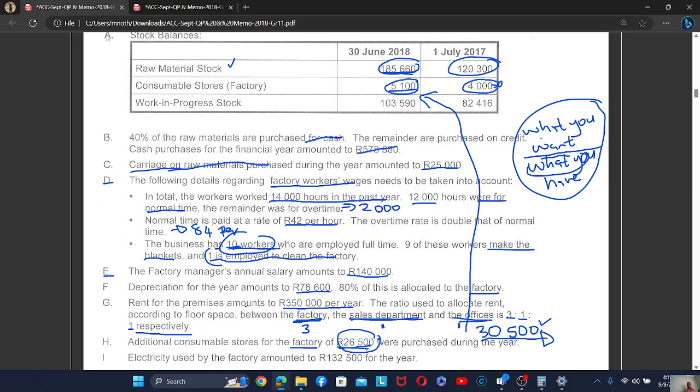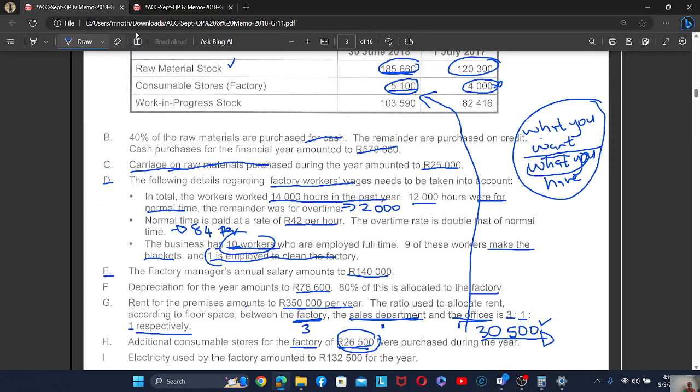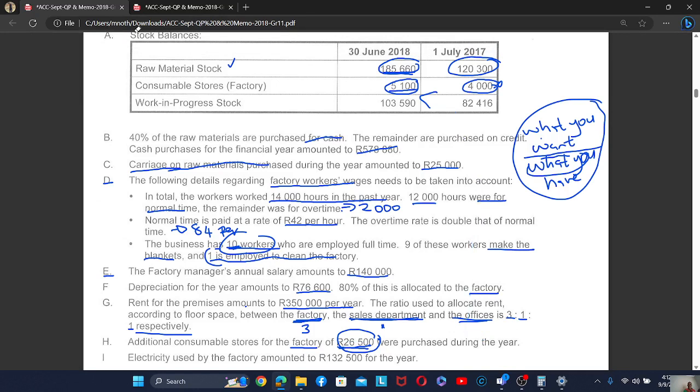That is why they said respectively. Like 3 is for the factory, the one is for the sales department, and the other one is for the office. Yes. Okay. So now let's do the calculations.